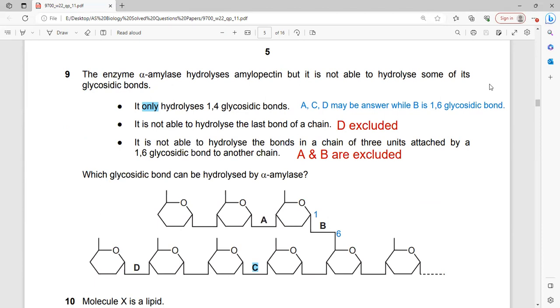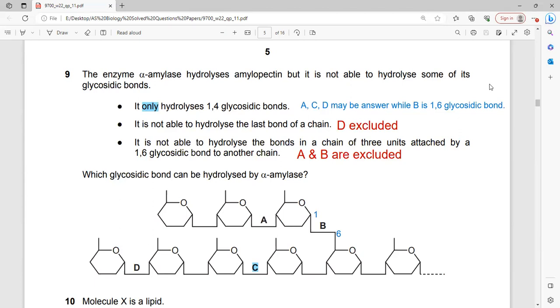So when we see that the 1,4-glycosidic bond is present in A, C, and D, there may be an option, while the 1,6-glycosidic bond, B, is excluded. Why? Because it is present between carbon number 1 and carbon number 6. So that is excluded. While it is not able to hydrolyze the last bond of the chain. So the last 1,4-glycosidic bond is D, that is excluded.